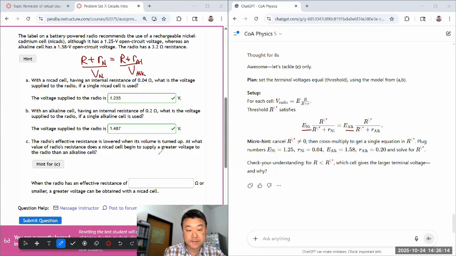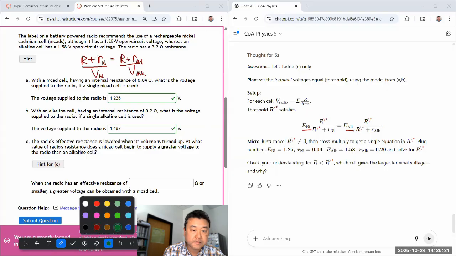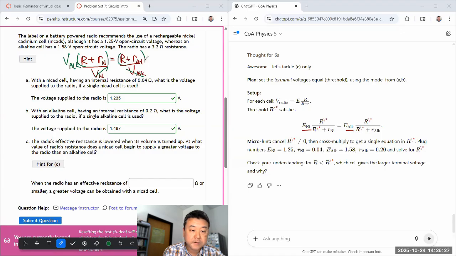Let me pretend that I'm stuck. So let's say I did cross multiplying, and if I did that, what I would get is here cancel this, and alkaline here, NiCad here, and let's say you even got as far as this.